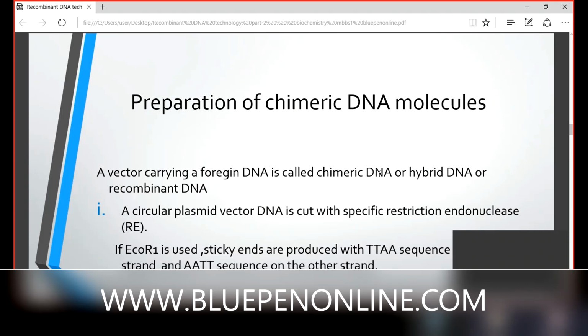Is it clear? Then next you can write one more arrow downward and then write the name DNA polymerase 3. Now we can write two strands: double stranded DNA.